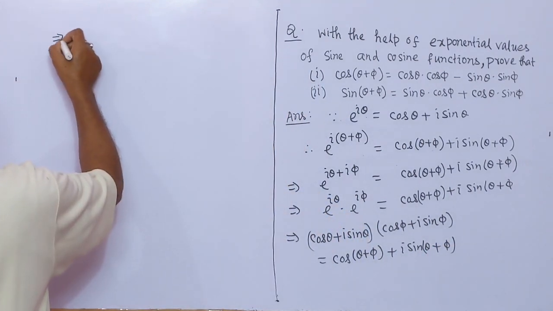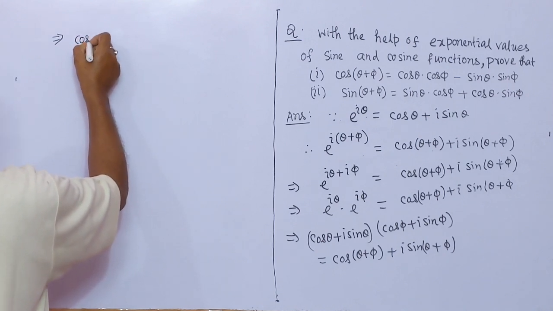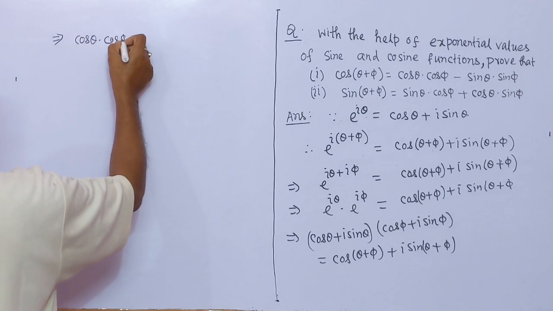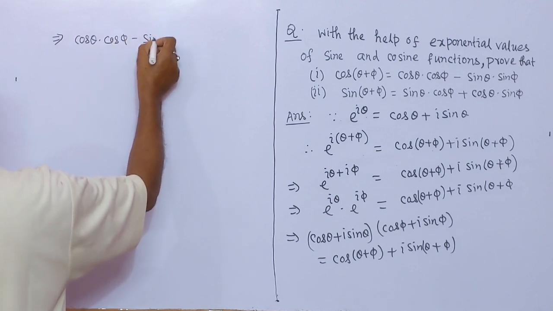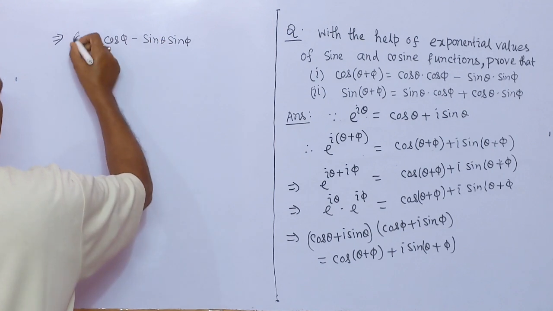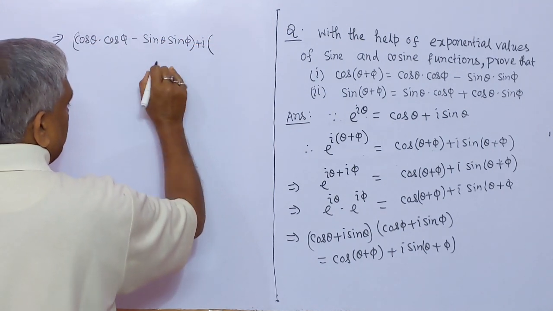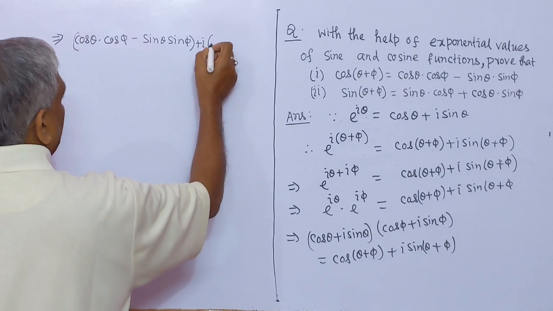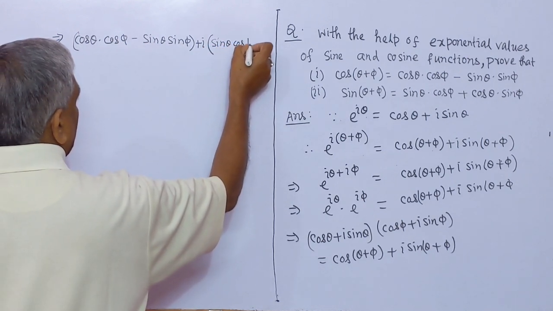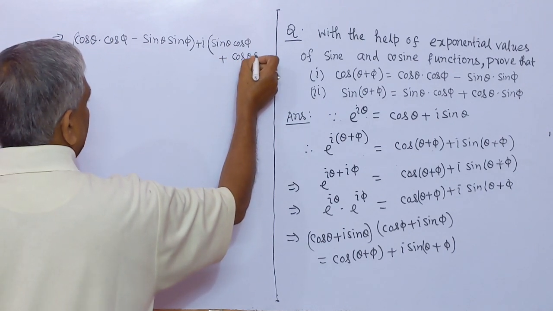Implies that we multiply and get cos theta cos phi minus sin theta sin phi plus I sin theta cos phi plus cos theta sin phi.